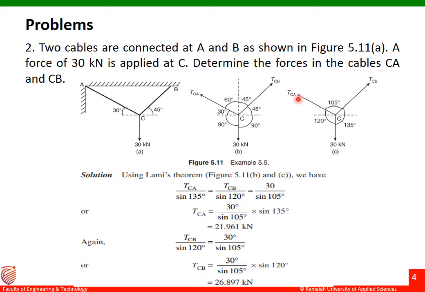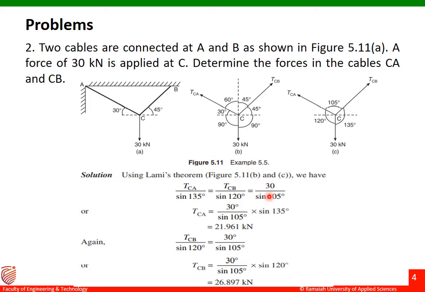Now we can apply Lami's theorem here. Using Lami's theorem we can write the equations as TCA divided by sine 135 is equal to TCB divided by sine 120, is equal to 30 kilonewton divided by sine 105. This is what has been written over here.